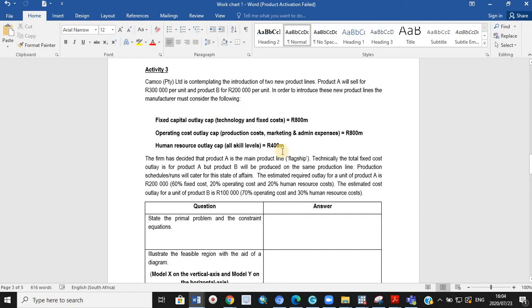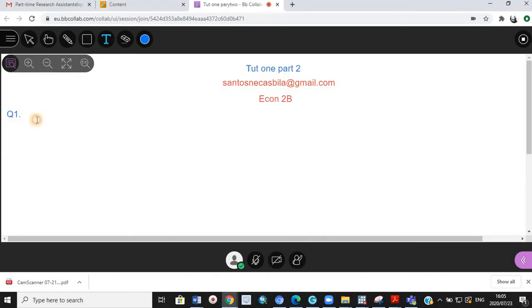In order to introduce these new products lines, the manufacturer must consider the following. First of all, we will say that with a maximum, for example, TR equals, first of all, we have product A plus product B. These we know that we have.